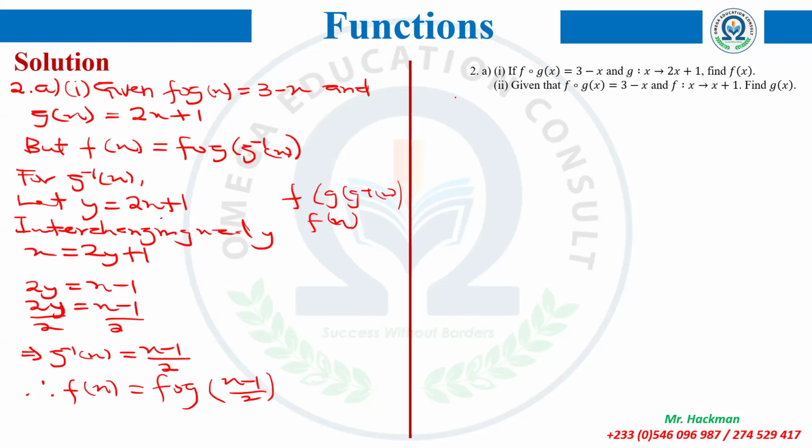My function of interest is f of g, which I know is this. So wherever I see x in f of g, I substitute x minus 1 all over 2 there. So that gives me 3 minus, my new x, which I'll put in brackets, remember that advice, x minus 1 over 2. Is my point well made?